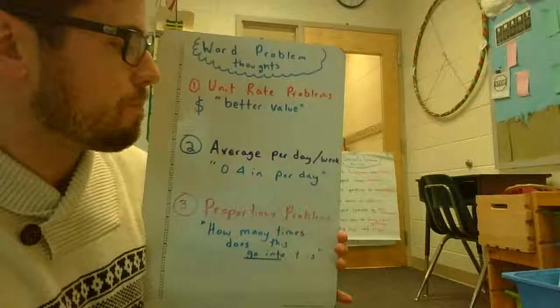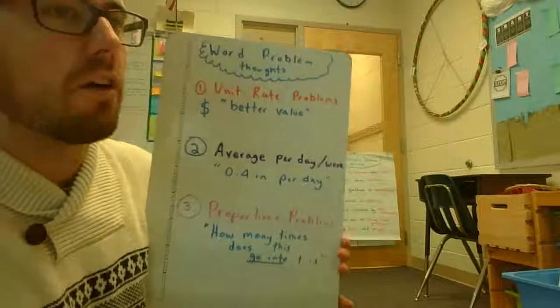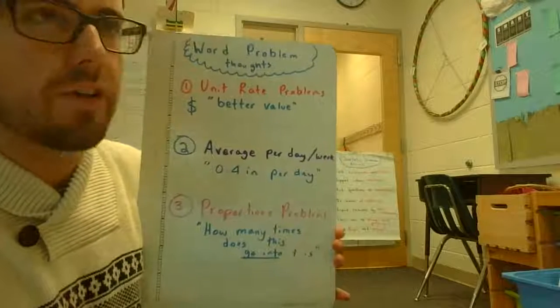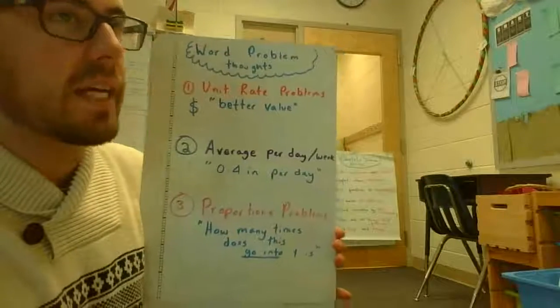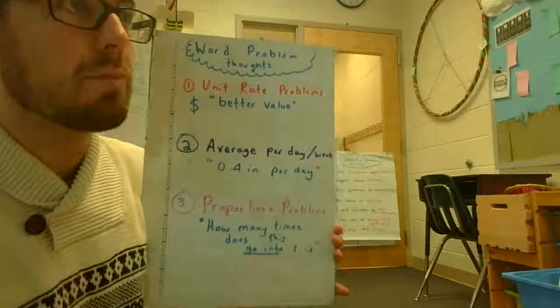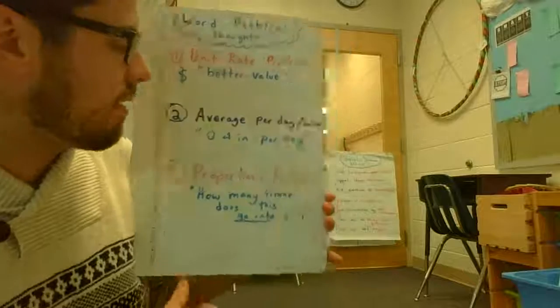Or if Bob mowed an average of 3 lawns per day and he made $5 per lawn, how much money would he have after a week? So these are asking us to find out, based on an average, what would be the end result after a set amount of time.